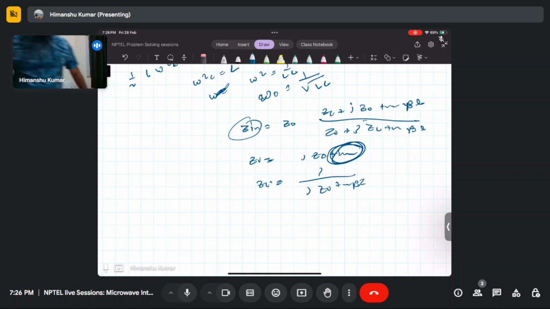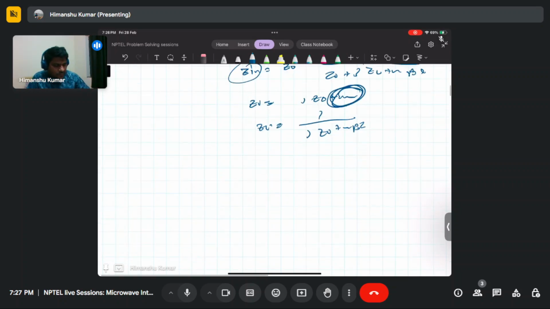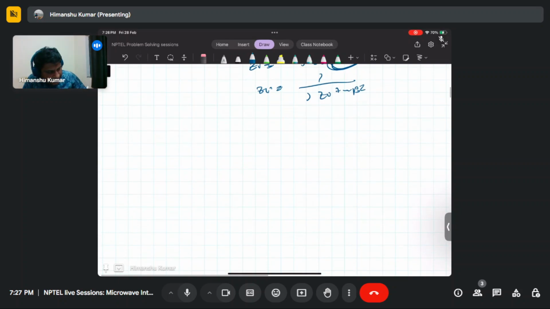Different kinds of resonators are possible, which you can realize by different methods. For example, if you introduce an air gap between two transmission lines, this air gap behaves as a capacitor.